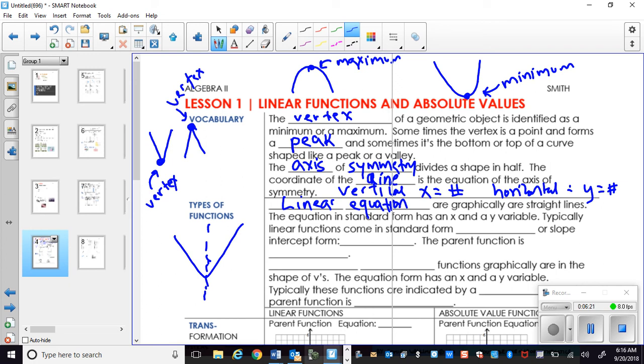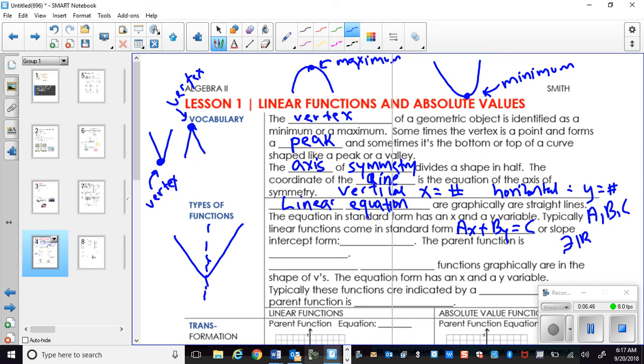Typically, linear functions come in the standard form, sorry, I wrote that incorrectly. I apologize. So, ax plus by equals c, where a, b, and c all belong to the real numbers.